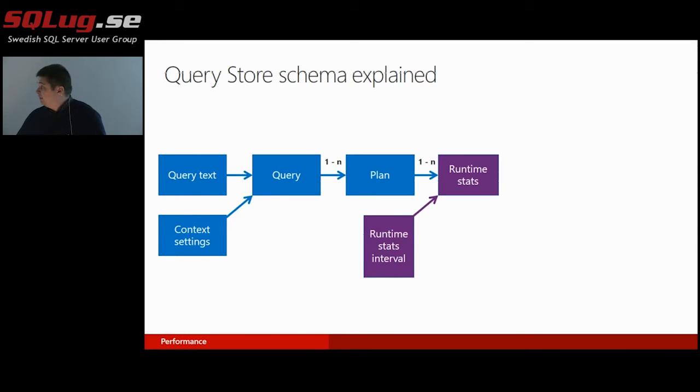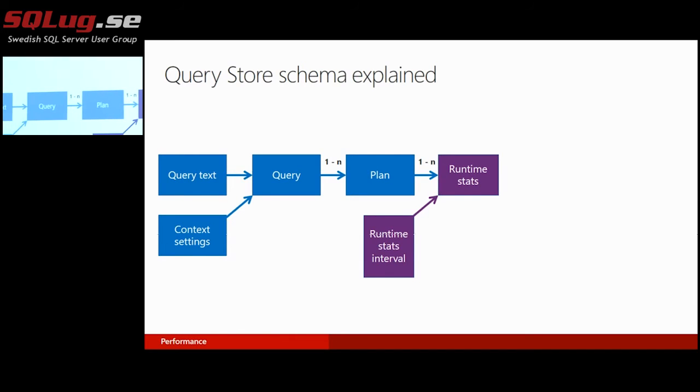Select star from. Then there is context setting information, so the session settings, for example the language, the date format, etc. Then we have really the query, because we have a query that is running under these settings, so we have another view that combines those two pieces of information. Then we have the plan from this query, from these settings.